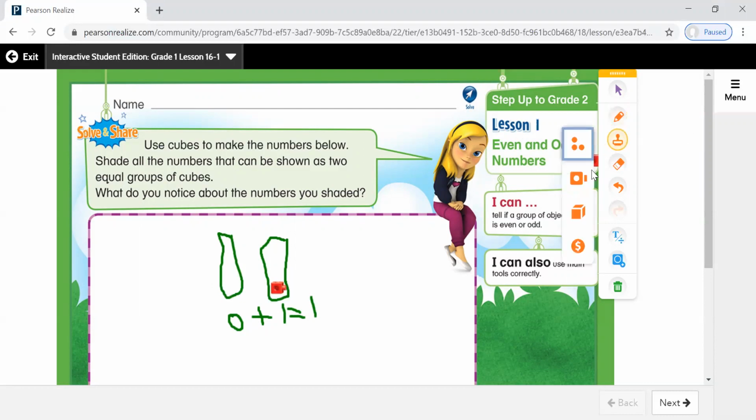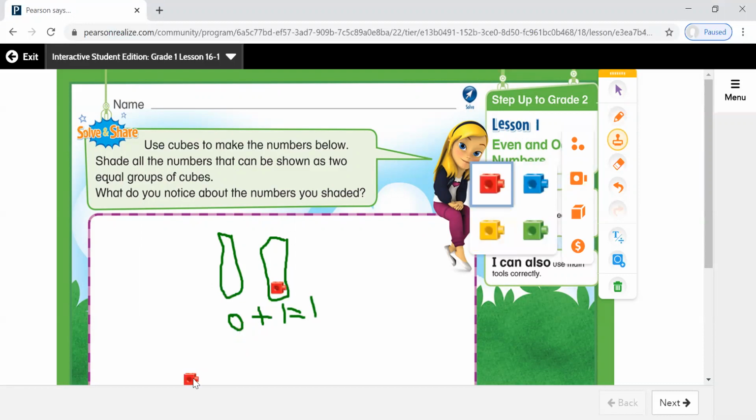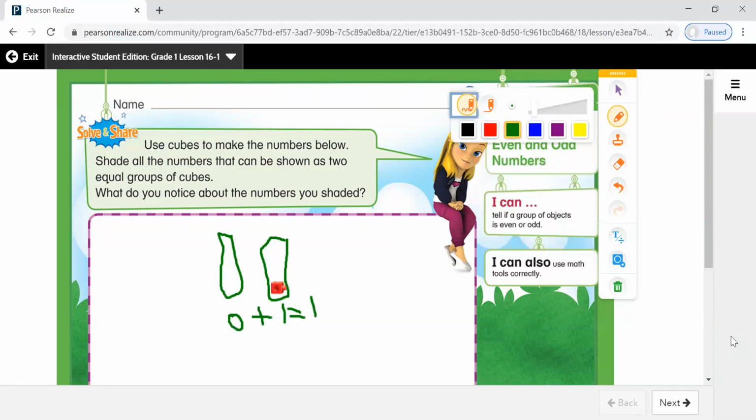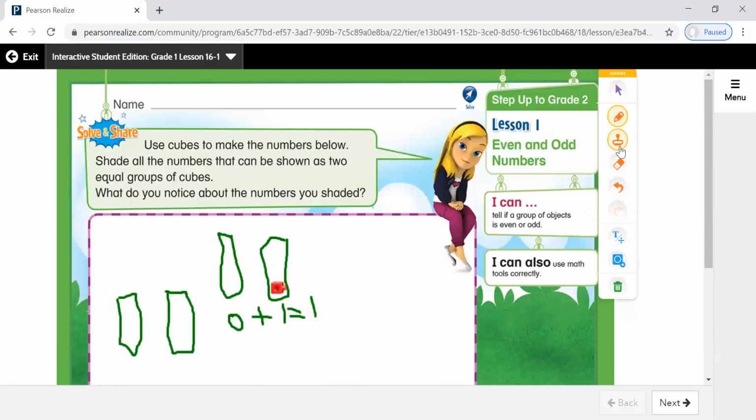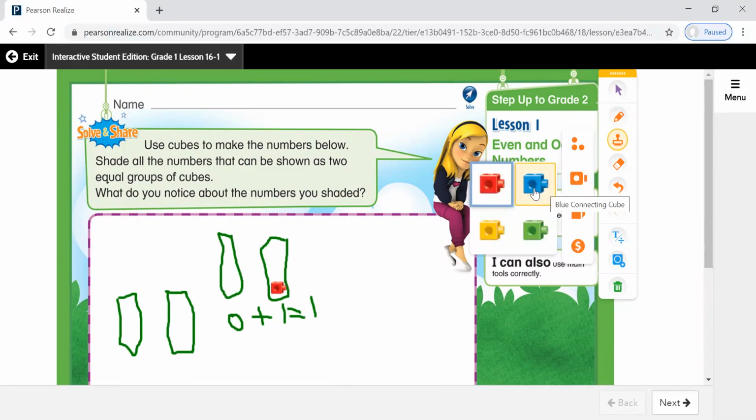What about number 2? If I have two groups, can I put two cubes into two equal groups? Let us check that.